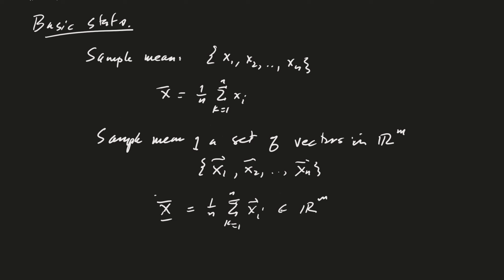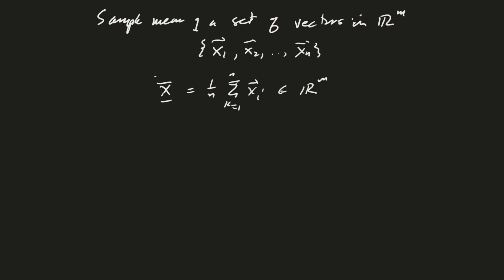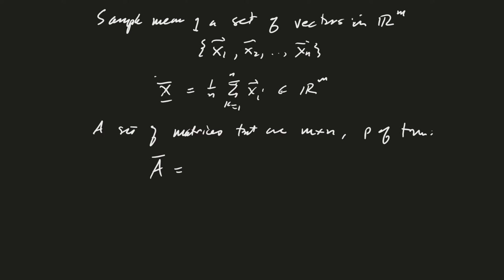You could also, if you have a set of matrices that are m by n, and you have p of them, A1 through A sub p, then you could also take the mean matrix.